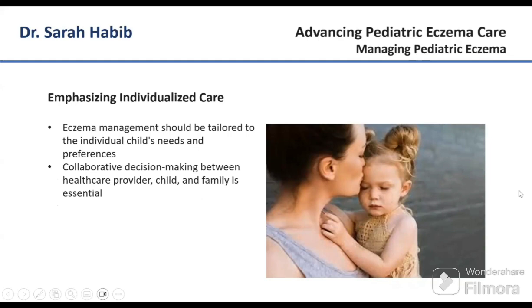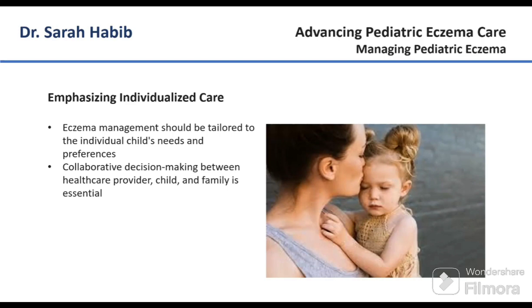So the basic thing is individual care, because we have to look at multiple sides of the patient: the economics, the lifestyle, the family support system, because we have to maintain a skin barrier. And for that, especially in a child, we need constant care, maybe like 10 times a day. So for that to happen, you have to maintain a very consistent routine.